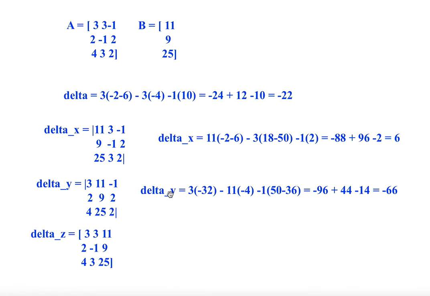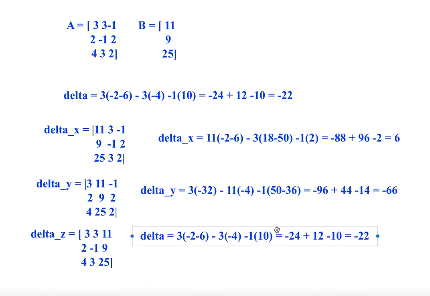Delta z. Okay, copy this one. Now you are going to write delta z, 3 into 50 minus 36, right?